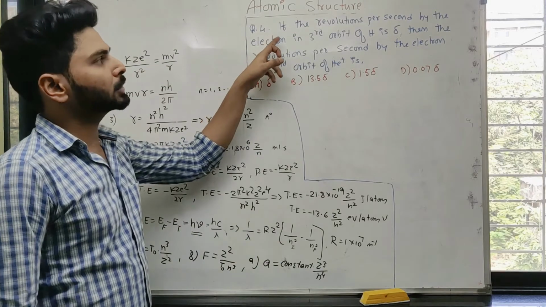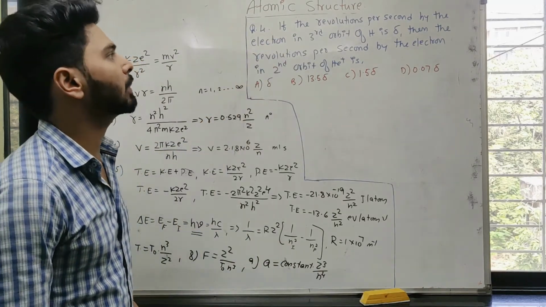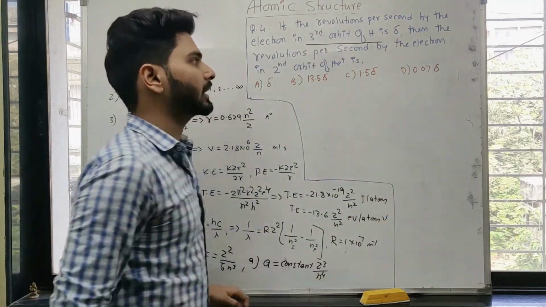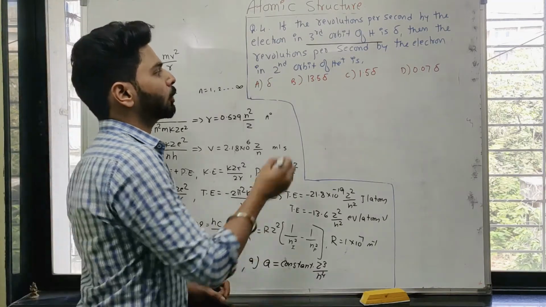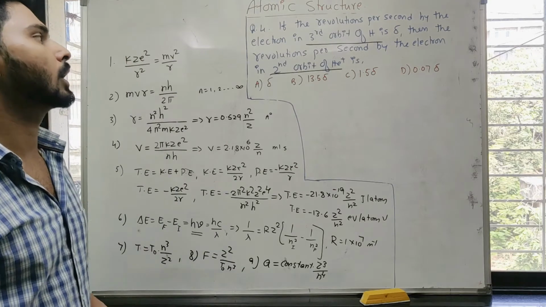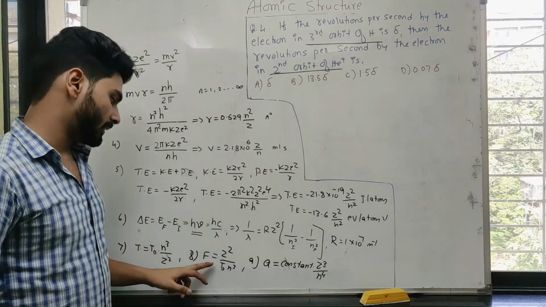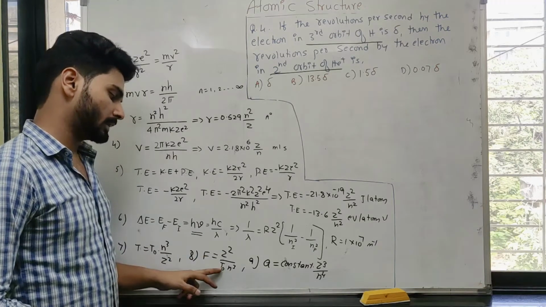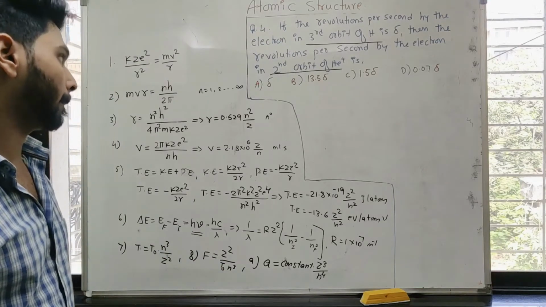Now let's go for the next question. If the revolutions per second by the electron in the third orbit of hydrogen is delta, then the revolutions per second by the electron in the second orbit of helium plus is. So remember, revolution per second is nothing but frequency, and this frequency is equal to Z square upon some constant and n power 3.